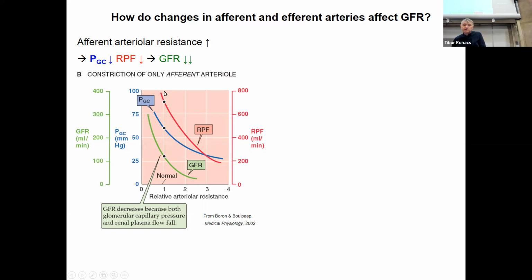Quite logical, because if you increase the resistance, the plasma flow will go down. Since the constriction is before the glomerular capillaries, glomerular capillary pressure goes down, and therefore GFR will decrease quite dramatically, because both the flow decreased, there's less to filter from, plus the pressure decreased also. This is afferent constriction.